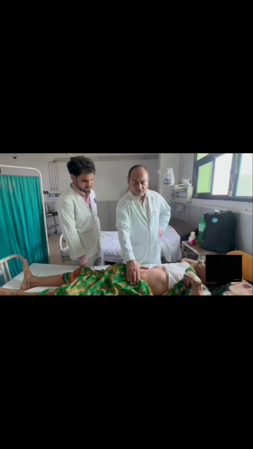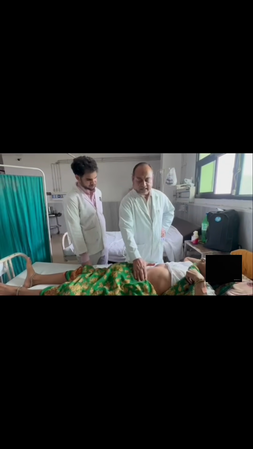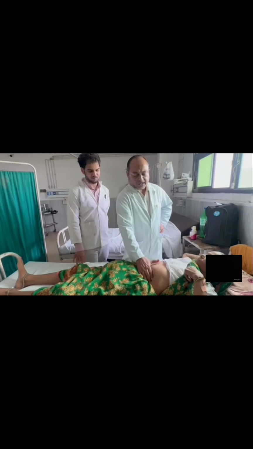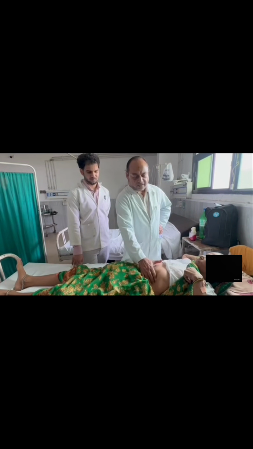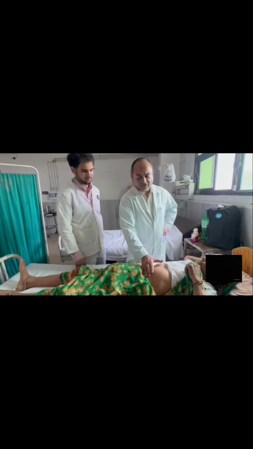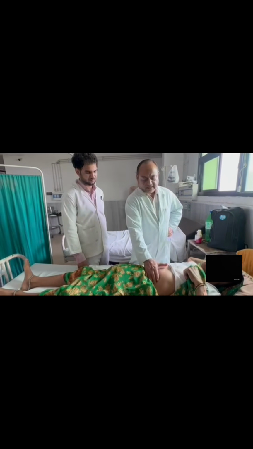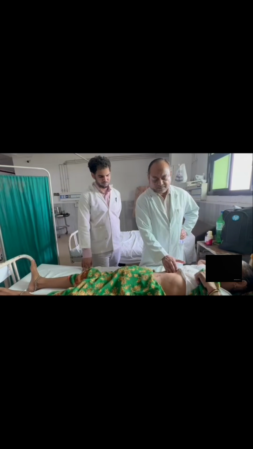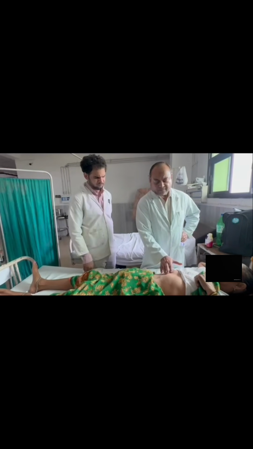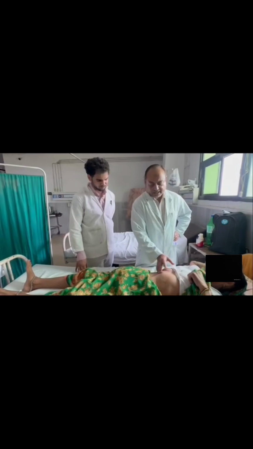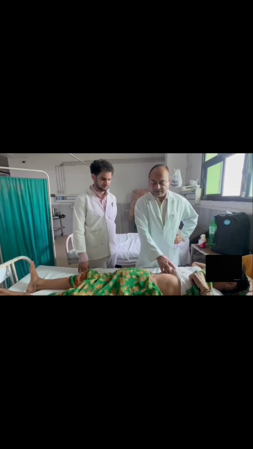Now then you go to the left iliac fossa, and from there you slightly ascend upwards and you reach the swelling, and you find that there is firm swelling which is striking your fingers, and it is almost oval in shape. It is going like this, up to the costal margin, and here also up to the costal margin.